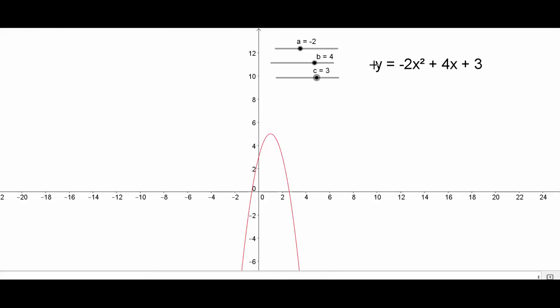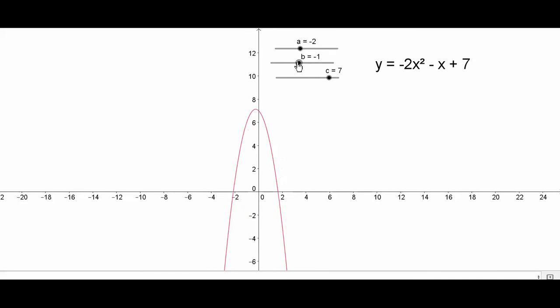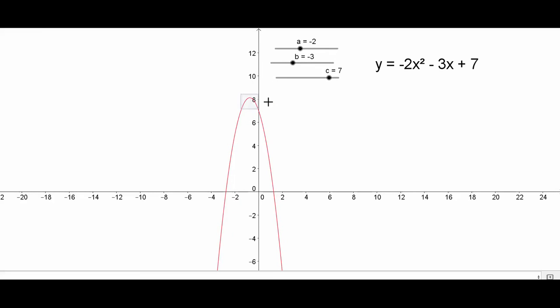So y equals 0 would mean solving the quadratic equation, in this case minus 2x squared plus 4x plus 3 equals 0. And we also should be able to say where the turning point, the minimum or maximum point, is, which quadrant it is in.